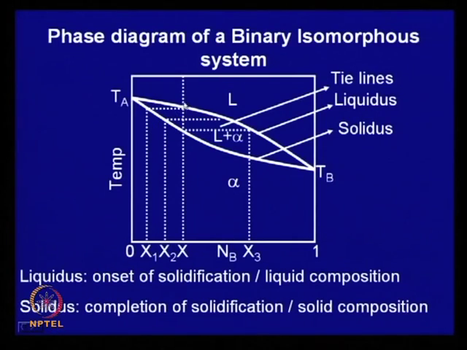At an intermediate stage here we can draw another tie line, and it represents that at this particular temperature the composition of the liquid has changed from its original composition to this point, and the composition of the solid has changed along this line from this point to this point.